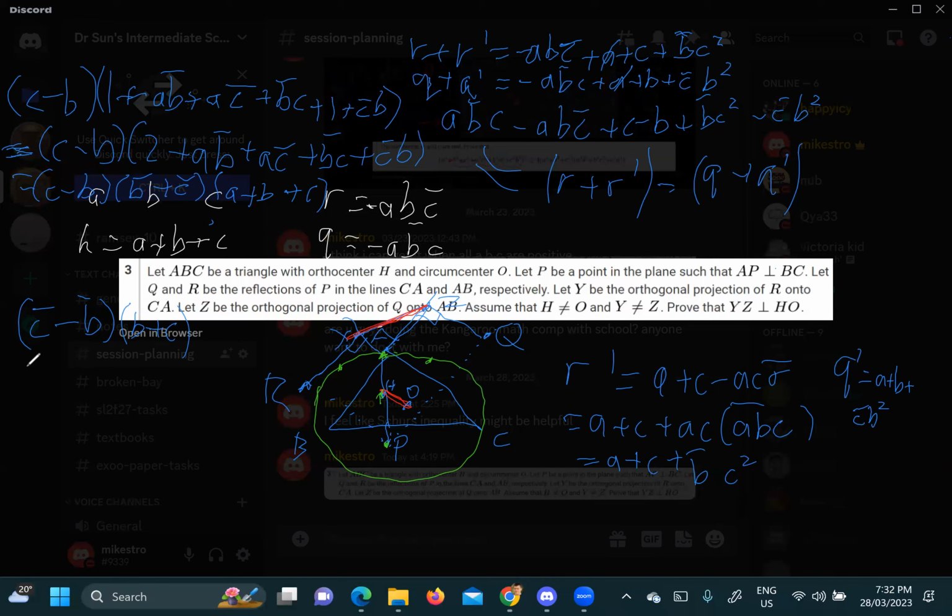So I basically take a BC factor out of this. So now this becomes B minus C, and then I put it in this factor. Or you can say both are equal to something over BC, and plus is commutative, so I don't need to change. And so now I have the negative of that.